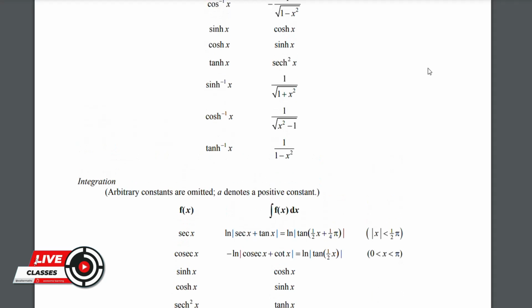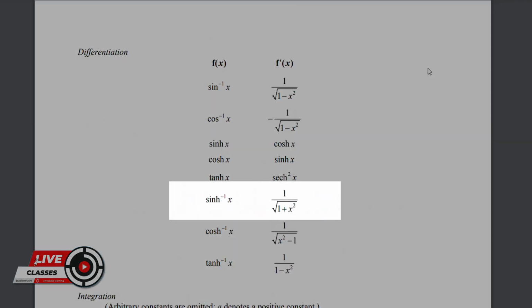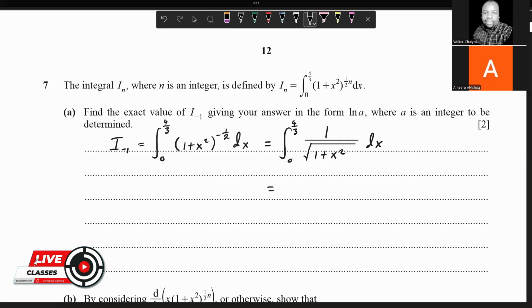So if you go to page 6 of MF19, you find the special result under differentiation that if you differentiate arsinh of x, you get 1 over the root of 1 plus x squared, which means if we do the reverse, if we integrate 1 over the root of 1 plus x squared, we should get arsinh of x. So we are expecting this to be arsinh of x from 0 to 4 over 3. Okay, so that's what we're having right here.